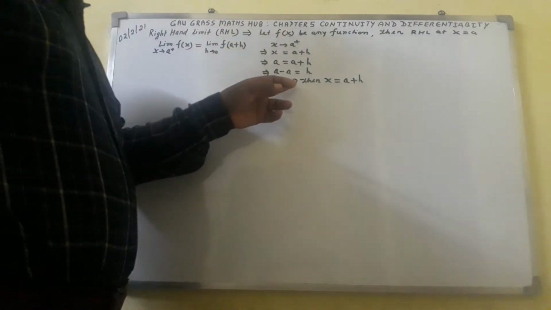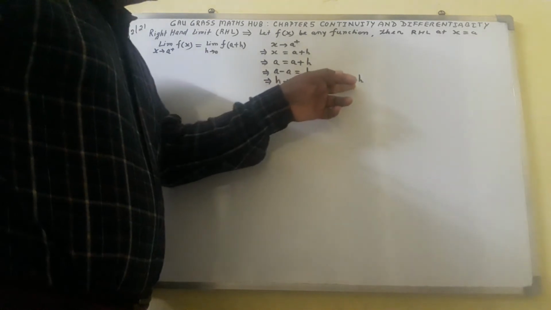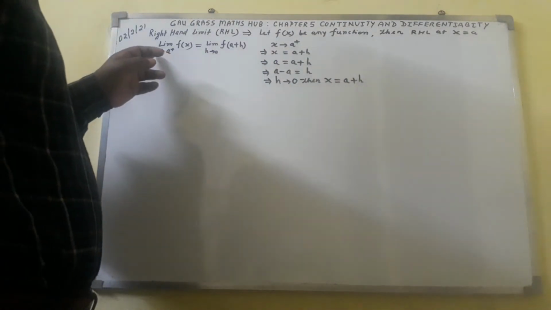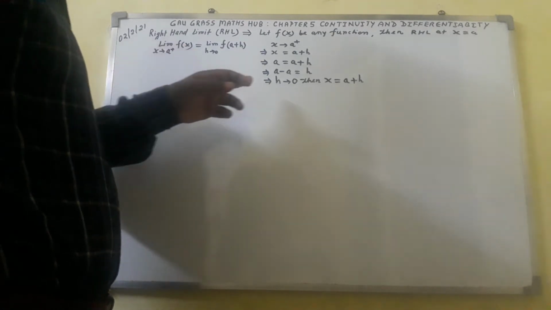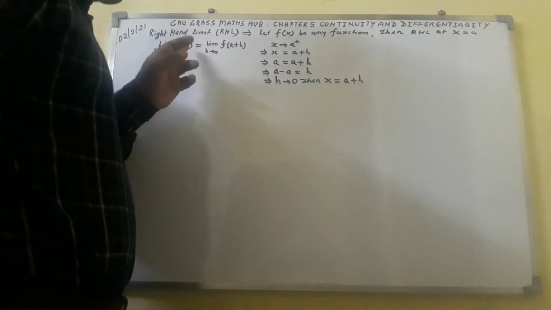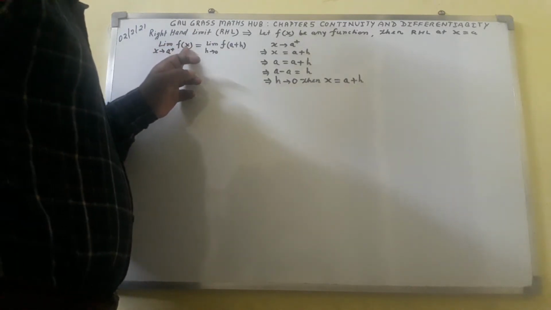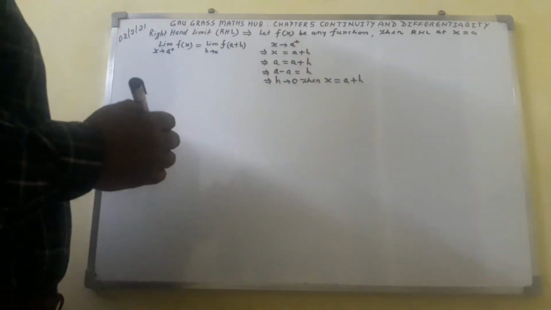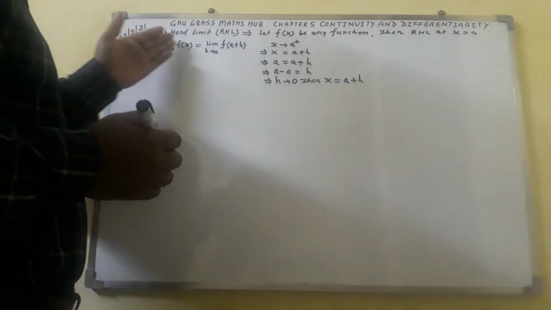In place of x tends a positive, we shall write h tends 0. In place of x here, we shall write a plus h. I have written. This is the representation of right hand limit.